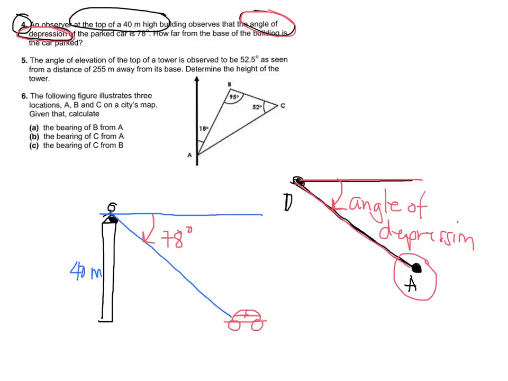Once you have that, try to create a triangle out of your drawing. Remember, this is an application of trigonometry, and trigonometry is all about triangles. There are 2 triangles that I can draw from here.